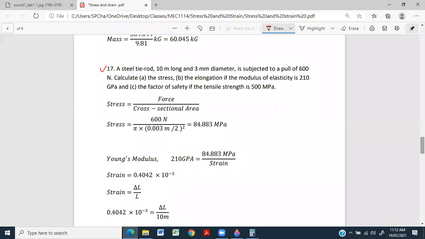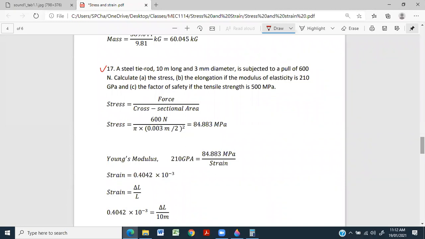A steel rod, 10 meters long and 3 millimeters in diameter, is subjected to a pull of 600 newtons. Calculate A, the stress, B, the elongation, if the modulus of elasticity is 210 gigapascals, C, the factor of safety if tensile strength is 500 megapascals.